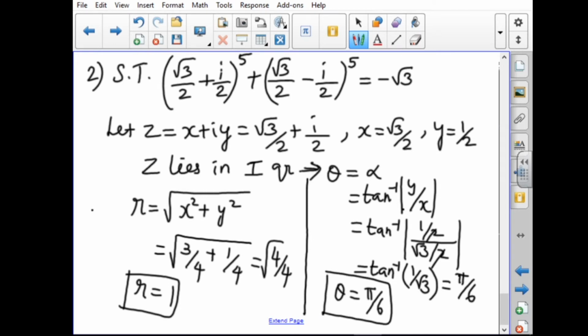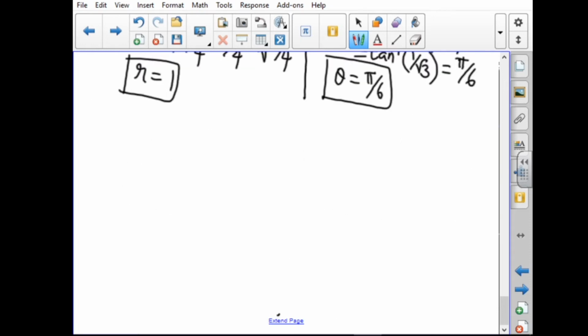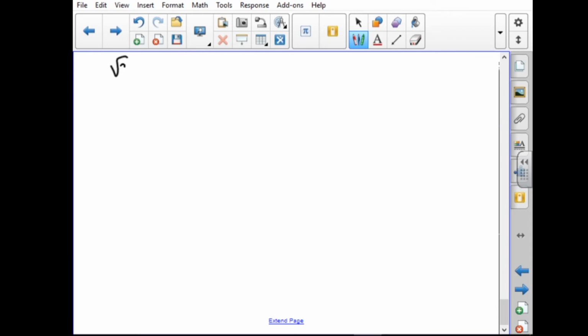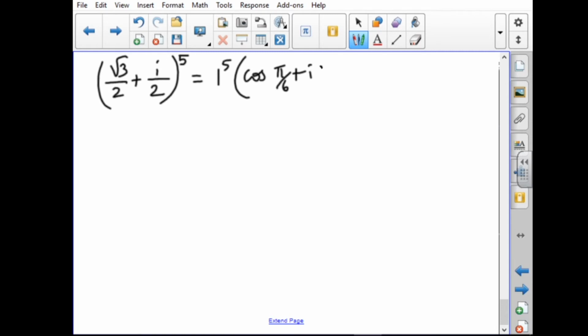So for the first term we got the polar form. Let us write down the polar form for the first term. Root 3 by 2 plus i by 2 raised to the power 5 is equal to 1 to the power 5, r to the power 5, times (cos pi by 6 plus i sin pi by 6) whole to the power 5. Now we need the next term, root 3 by 2 minus i by 2 whole to the power 5.